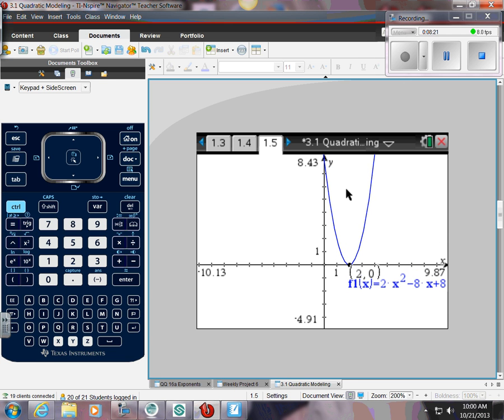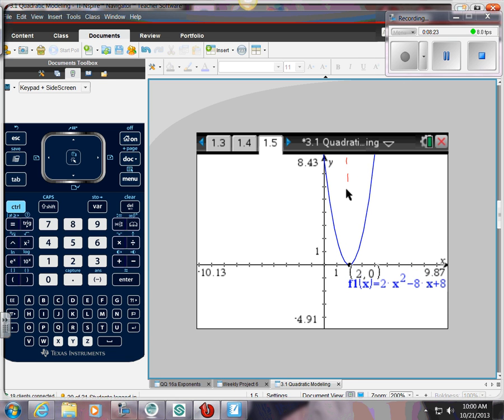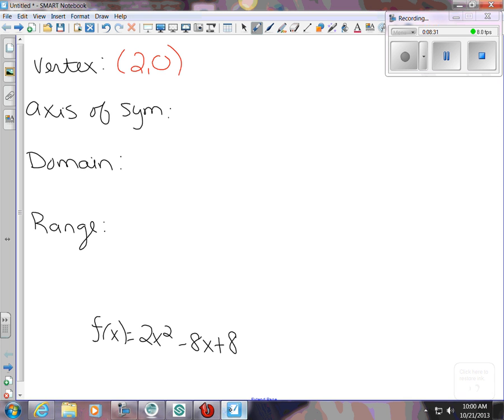At what point? 2, 0. So what's the x value? 2. So my axis of symmetry there is x equals 2. It's always an equation of a line. Your axis of symmetry is not 2, it's x equals 2. Does that make sense?